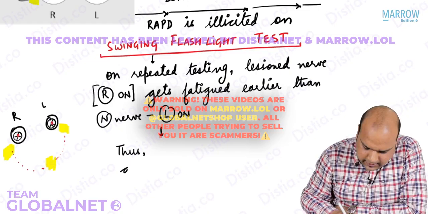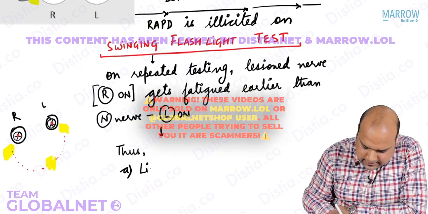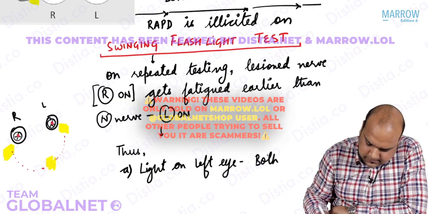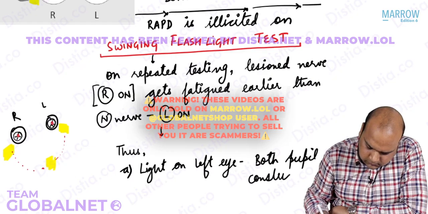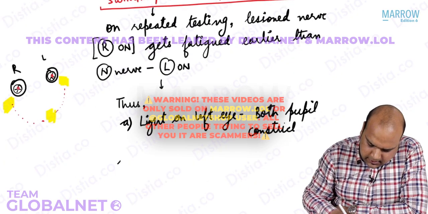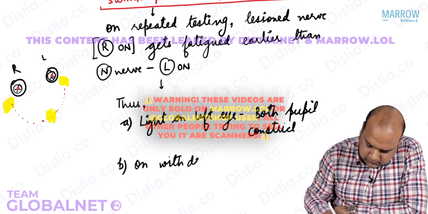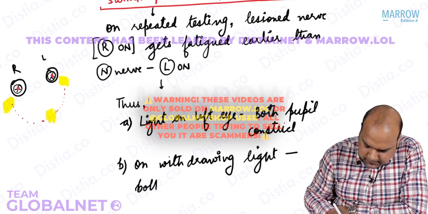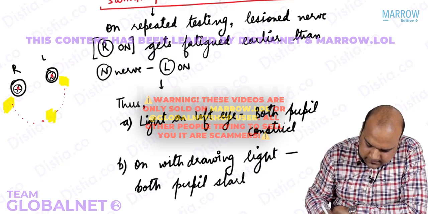Thus, A: light on left eye, both pupils constrict. Then B: on withdrawing light, both pupils start to dilate.